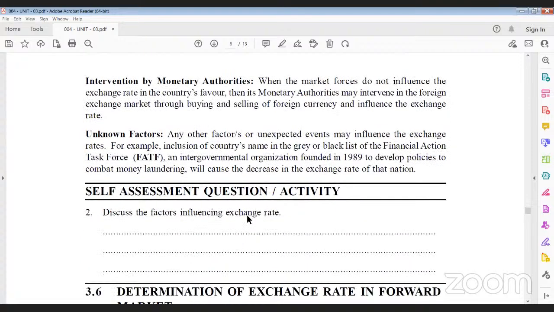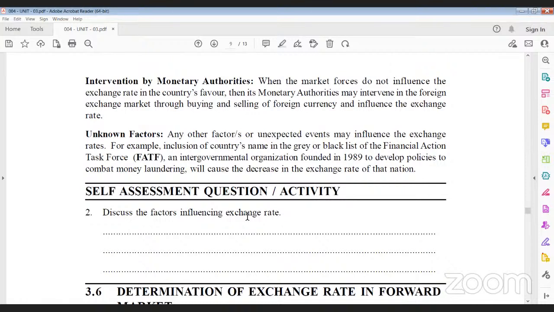Intervention by monetary authorities. Now there could be a lot of interventions from monetary authorities, influencing the market, through which the buying and selling of currency happens, and further it leads to exchange rate differences. Unknown factors.